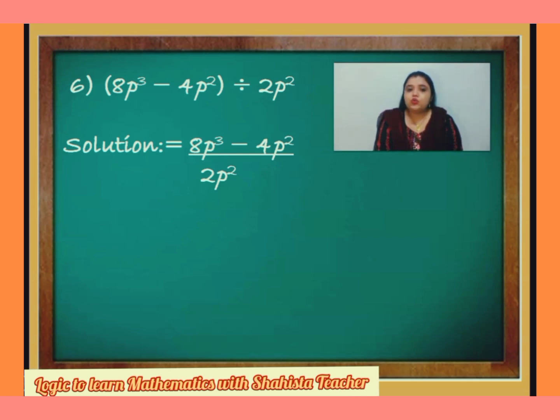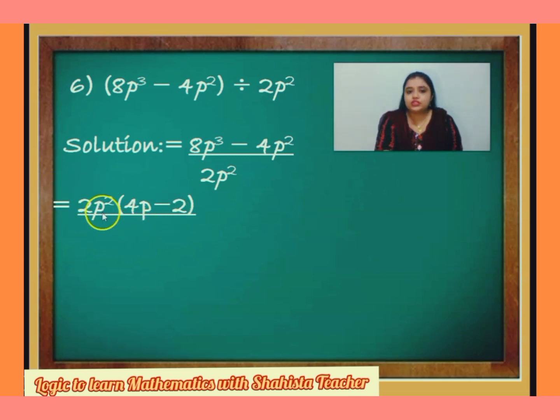Inside the bracket we put 4p minus 2, because p square is already outside the bracket. Don't put it inside, otherwise it will be wrong. So 2p square bracket 4p minus 2.